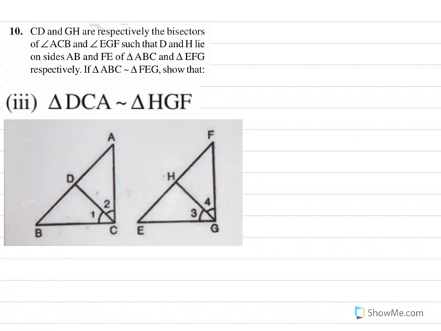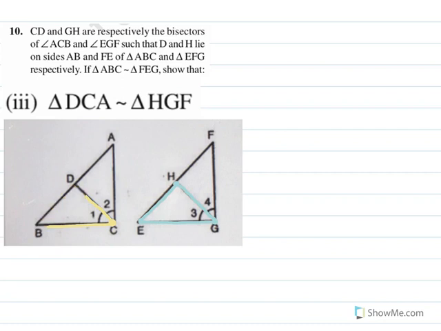For the next part, the earlier information is the same. Now here we've got to show that triangle DCA is similar to triangle HGF.